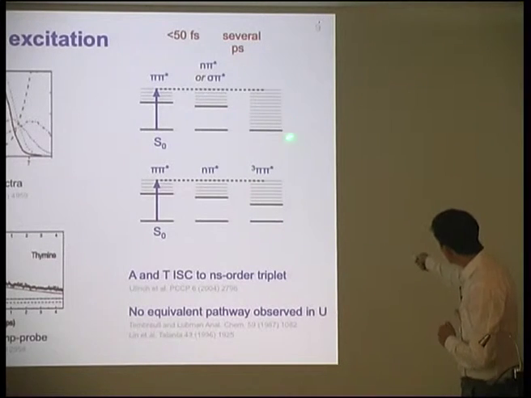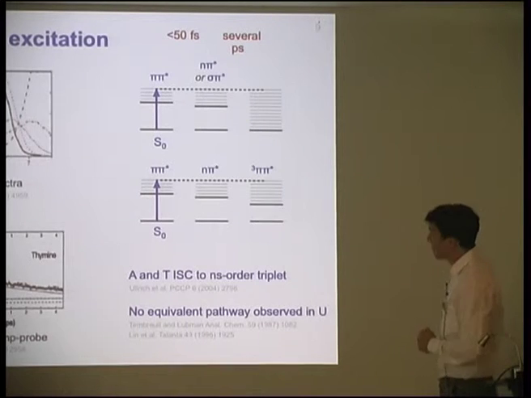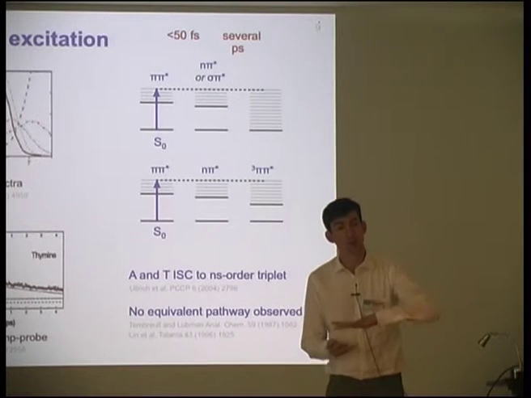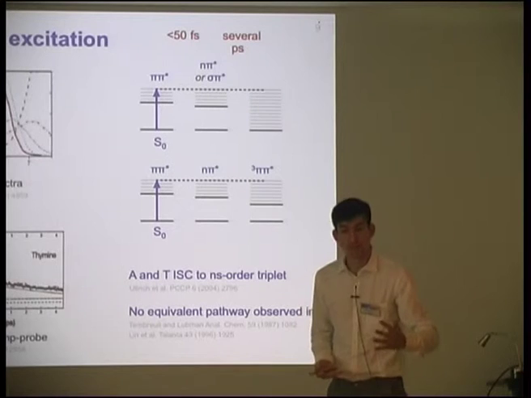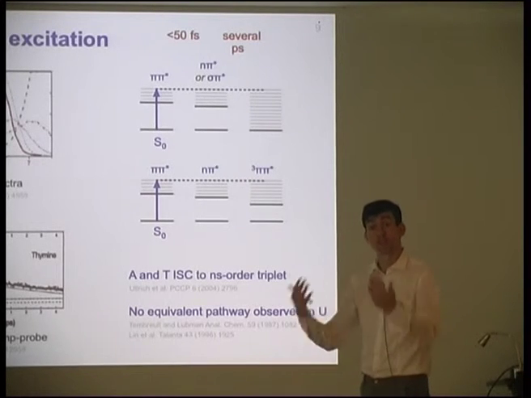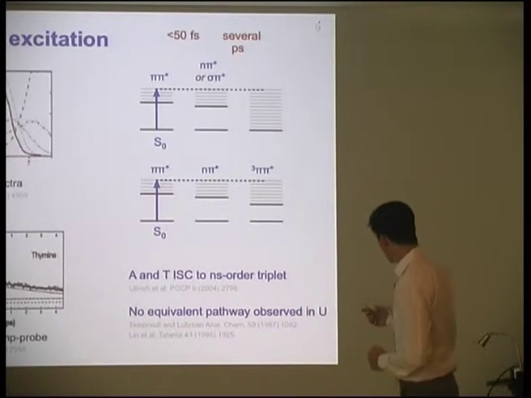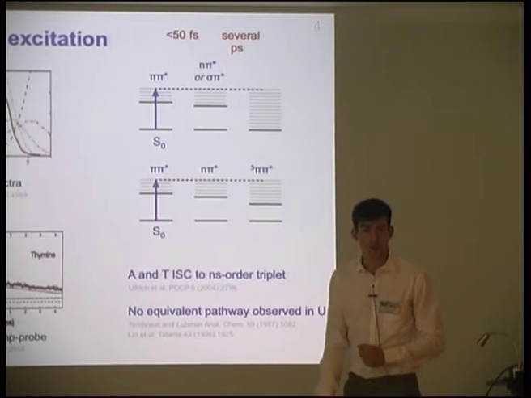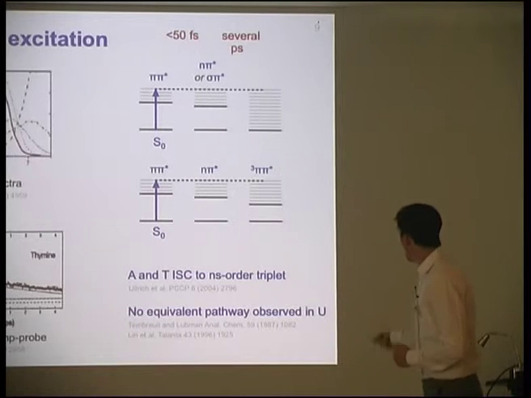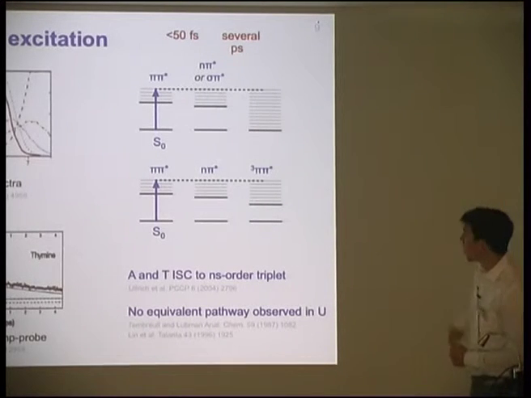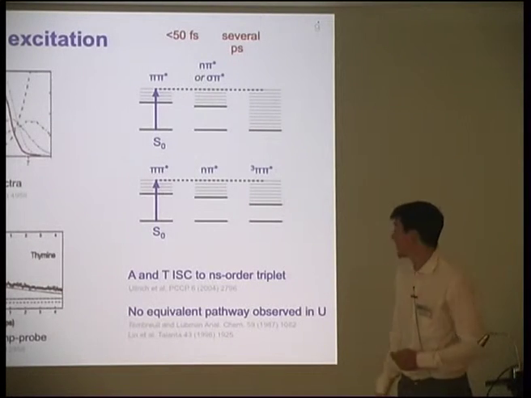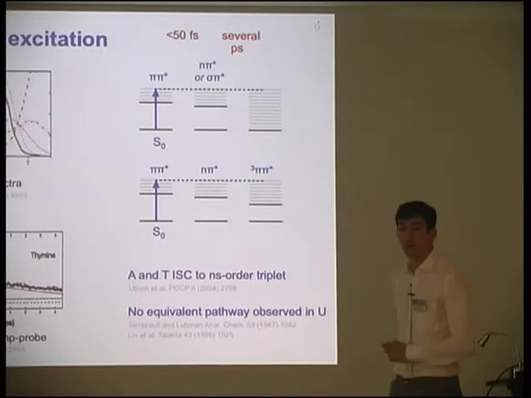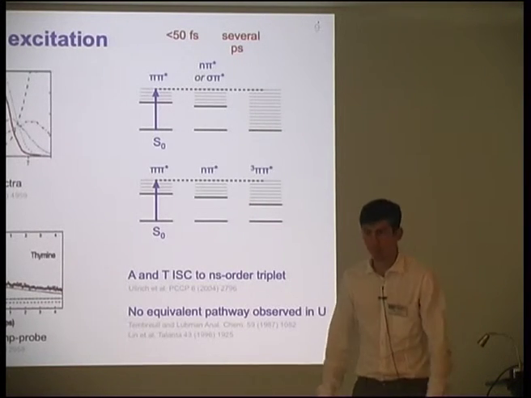Then, after that, either you have relaxation back into the electronic ground state, so all that energy you've put into electronic excitation is expressed in vibrational modes, and this is understood to play a key role in the UV stability of the molecules. Or you relax into a long-lived excited state of triplet character, which can stay around for nanoseconds or even longer.